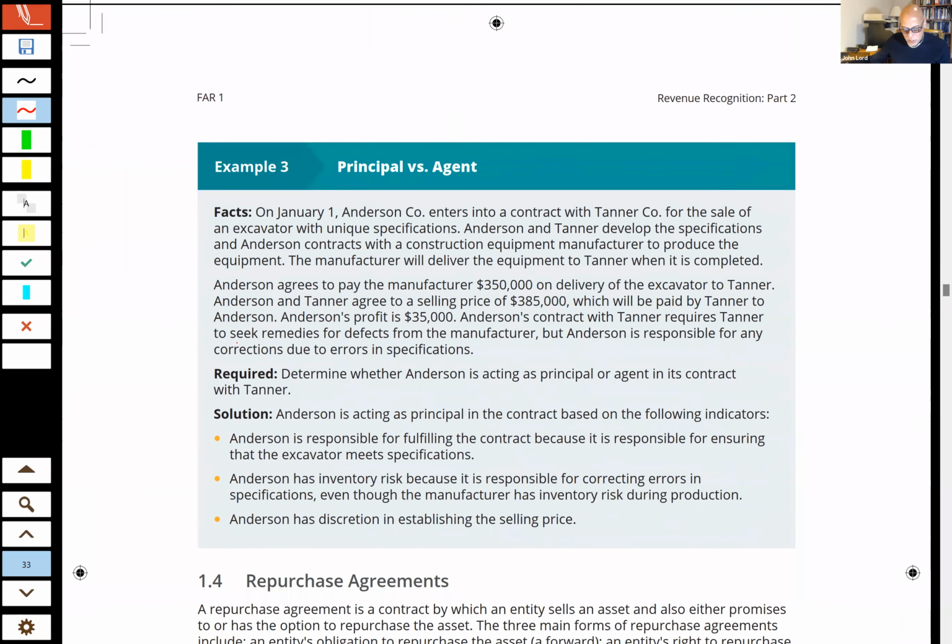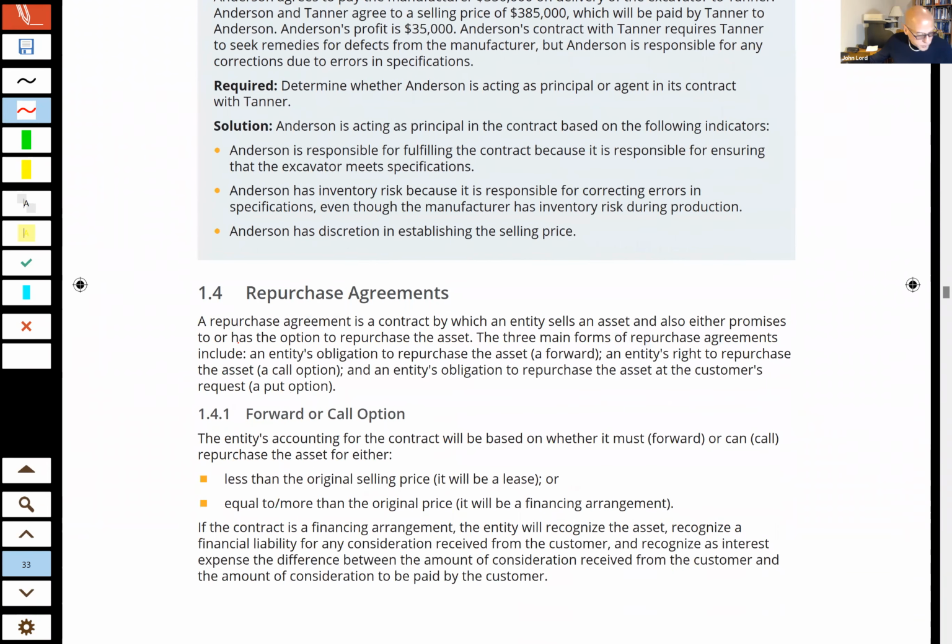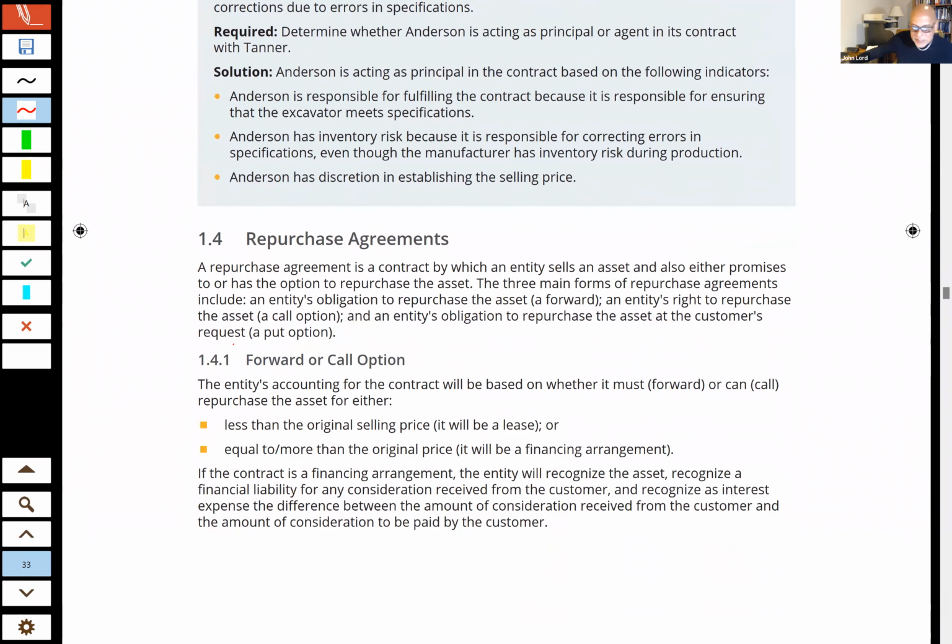Okay, let's take a look at repurchase agreements. This is again another one of those things where you're like, really, FASB, you had nothing better to think about as to how to handle repurchase agreements?